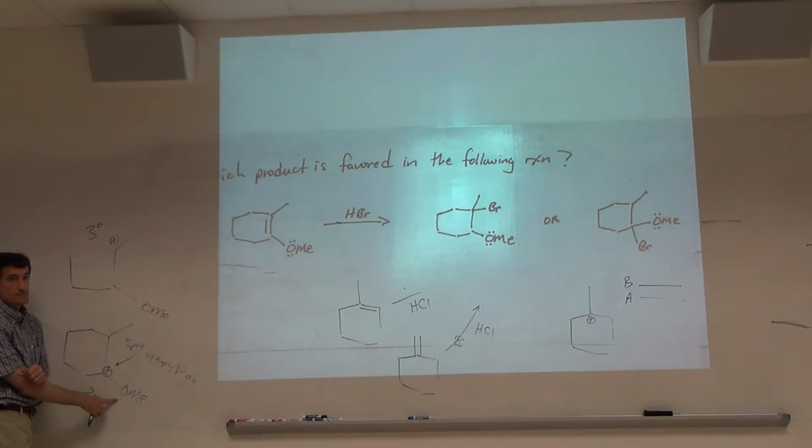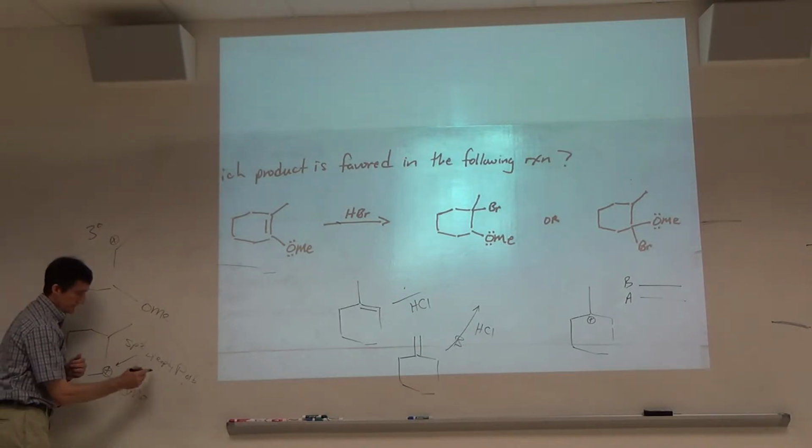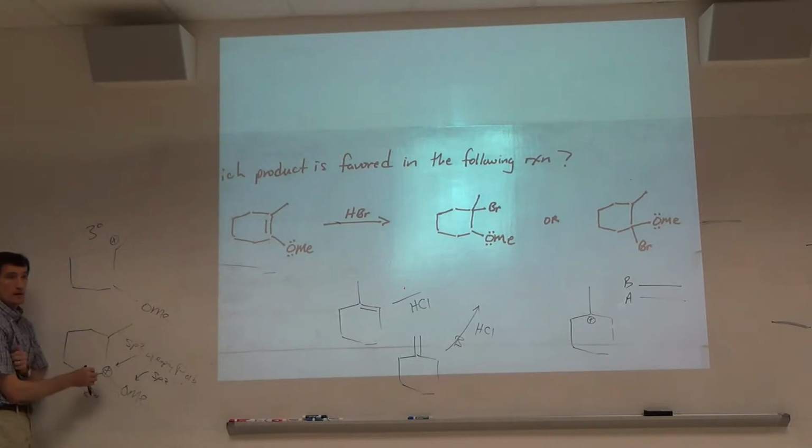If it had a double bond, I would think sp2, but normally it would be sp3. It's also sp2. Why is it sp2? Because anytime a lone pair is next to a p orbital, the lone pair is going to want to be in a p orbital. Did we say that? Yes.